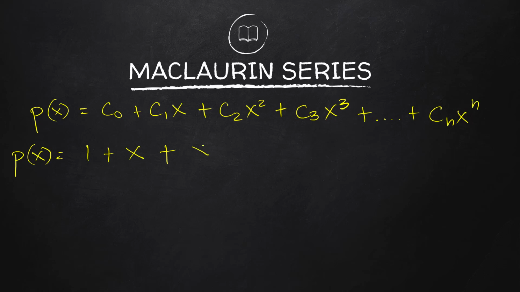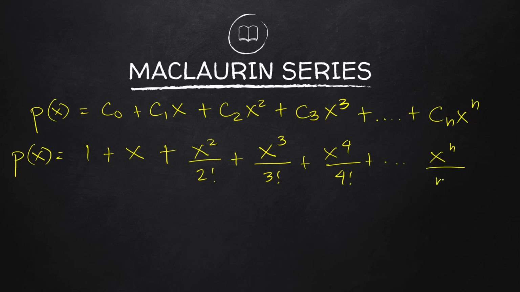This will become x squared divided by 2 factorial. C sub 3 will be equal to 1 over 3 factorial multiplied by x raised to 3. This will become x raised to 3 divided by 3 factorial, plus x raised to 4 over 4 factorial, and so on up to x raised to n divided by n factorial.